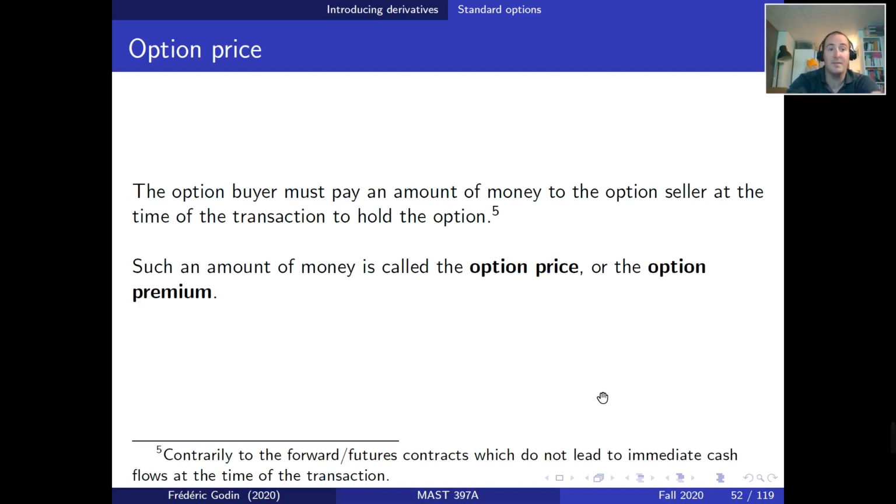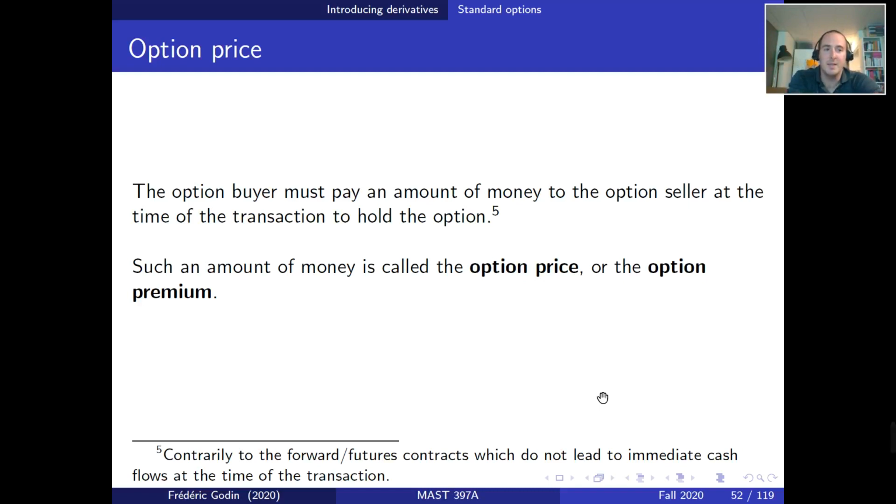Okay, and this is different than for forward and futures contracts. For forward and futures contracts that we've studied earlier, entering a forward or futures position does not entail giving an immediate cash flow. Okay, so you can enter a futures position without paying any cash flow on the date you enter the position.